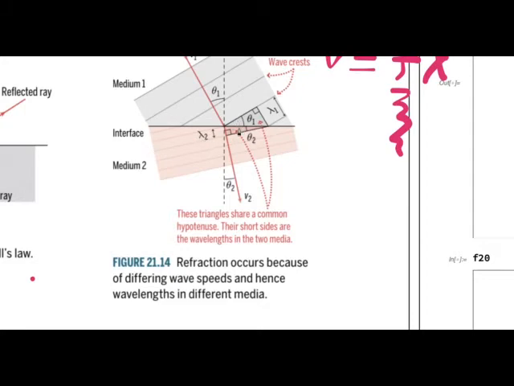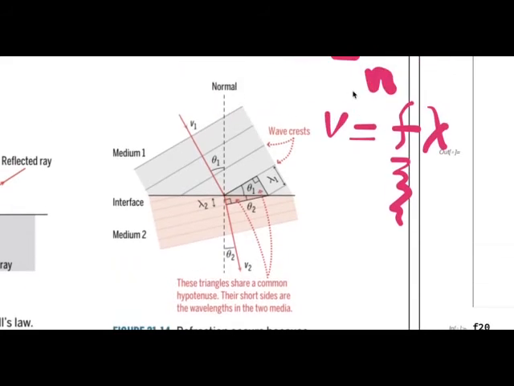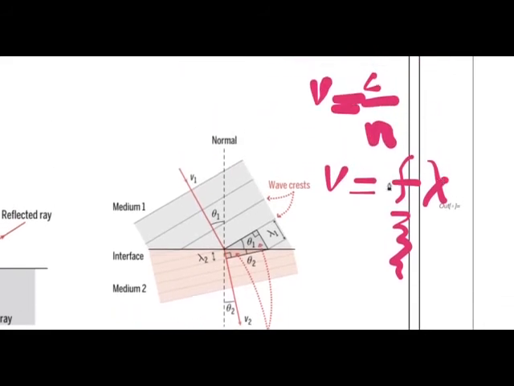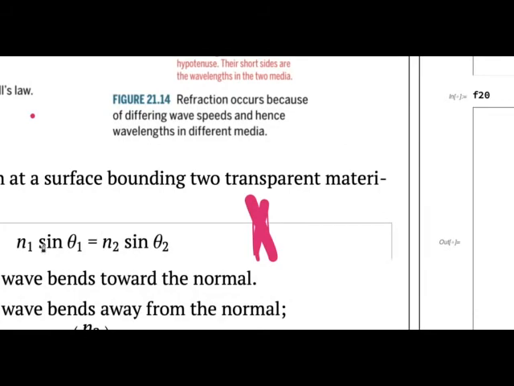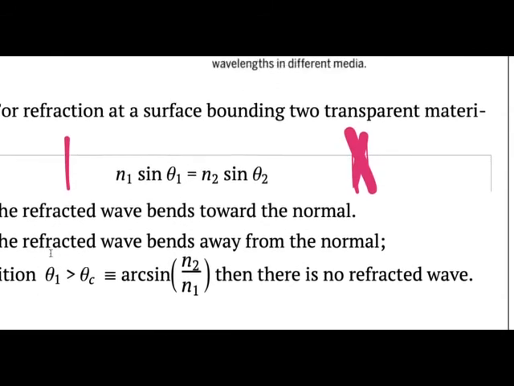So the sine of theta 1 divided by the sine of theta 2 will be lambda 1 divided by lambda 2. But the ratio of the wavelengths is proportional to velocity. The velocity is inversely proportional to the index of refraction. So the ratio of the wavelengths will be inversely the ratio of the indices of refraction. So sine theta 1 over sine theta 2 will be n2 divided by n1. Or we write it this way, Snell's law.